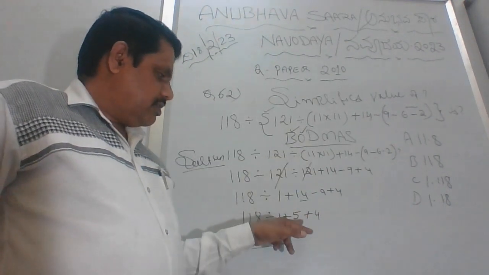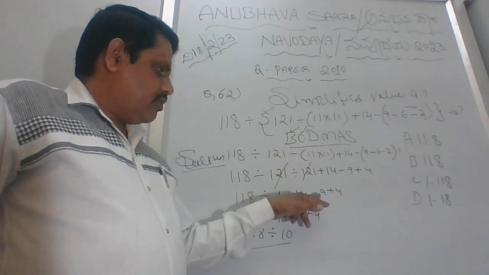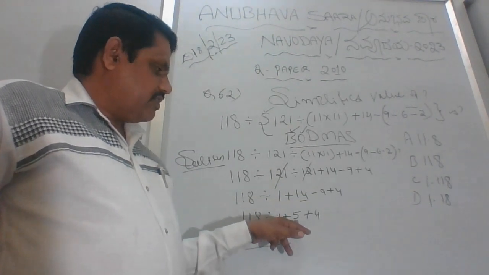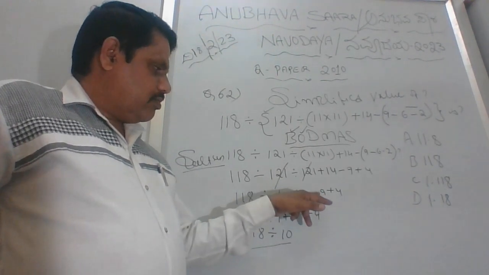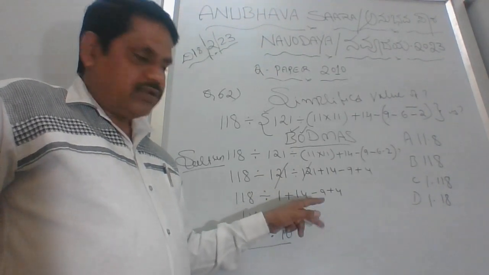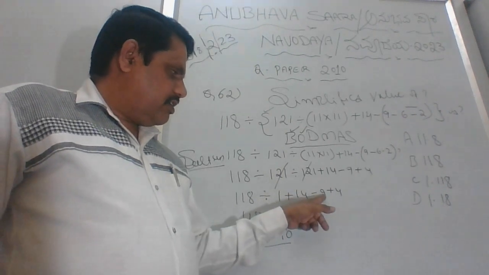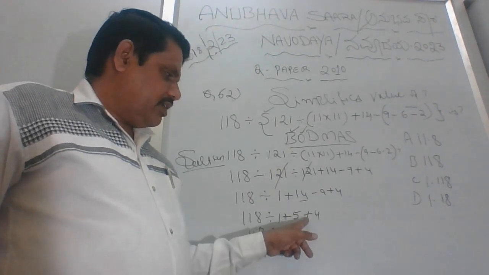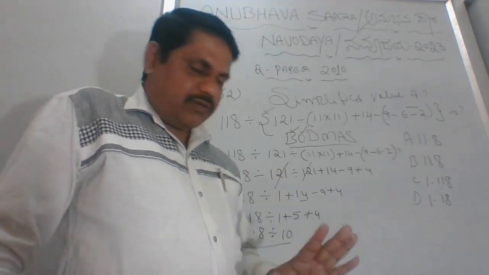Okay, so we can do the subtraction. 1 plus 5, how it came: 9 minus 14. 14 is the bigger one, 9 is the smaller one. So here 14 minus 9 means it's a plus 5, and 4 we kept as it remains the same.